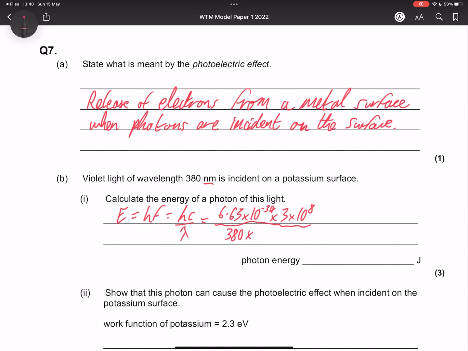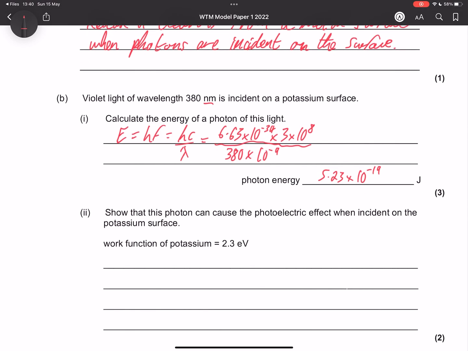And that gives you an easy answer of 5.23 times 10 to the minus 19. You would always be expecting in this sort of question for the energy to be 10 to the minus 18, 19 or 20. So the fact it's in that range is nice and reassuring to begin with.